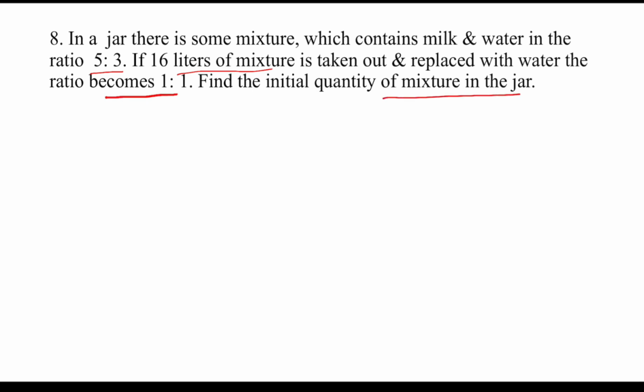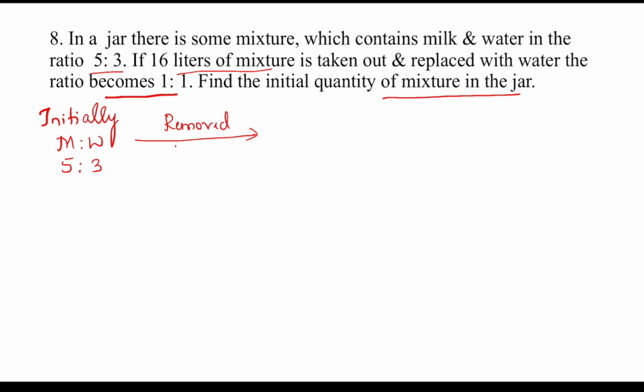So initially milk and water was in the ratio 5:3. Then 16 liters of mixture is taken out, 16 liters is removed. Taken off means removed.